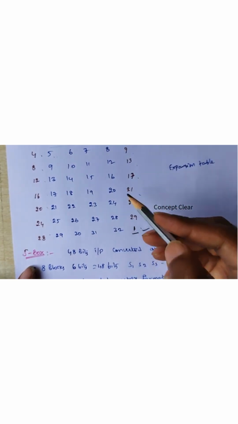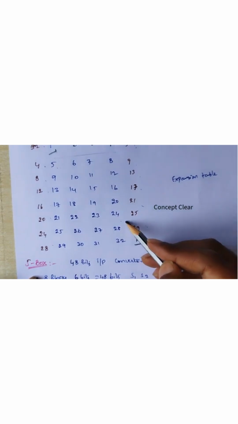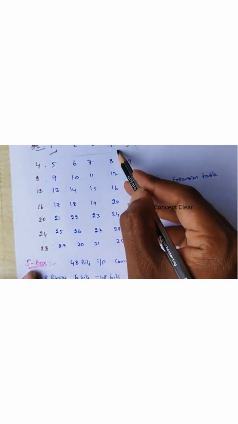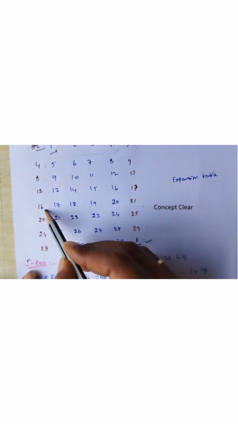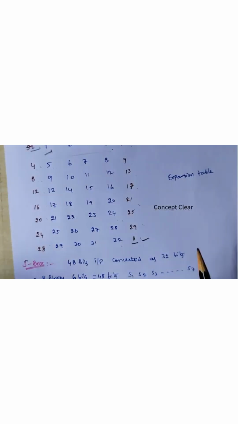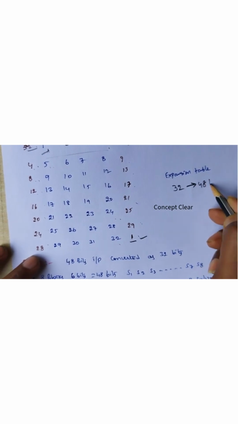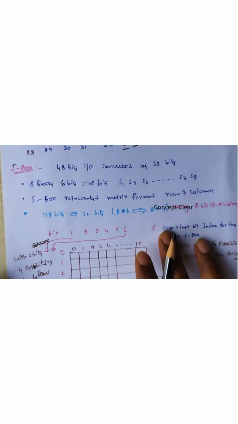And for the last column, we have to write the first element at the end, and the remaining as the same from top to bottom, 4, 8, 12 like that. Like this, after the expansion table, 32 bits will be expanded to 48 bits.